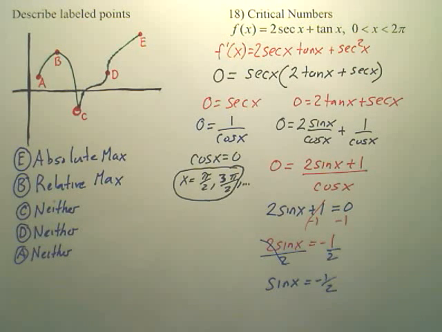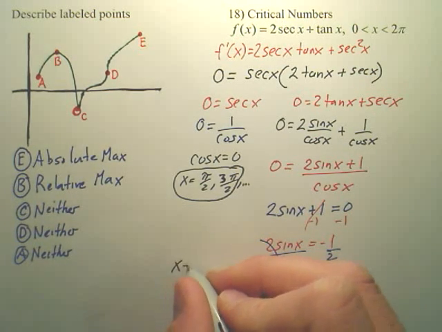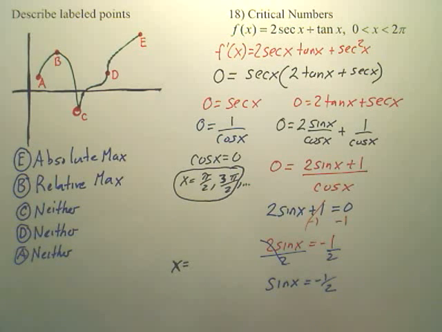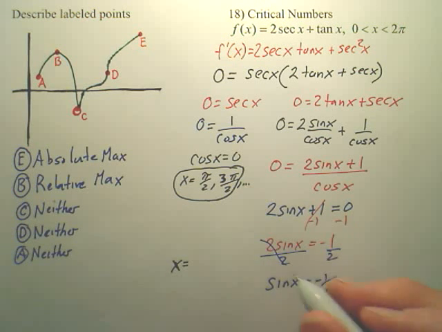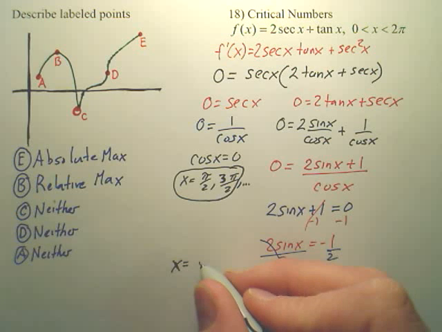So when does sine of x, when does the height, give you negative 1/2? So what values would that be? That would be on the bottom of the unit circle at both, oh boy, I should have thought of these.